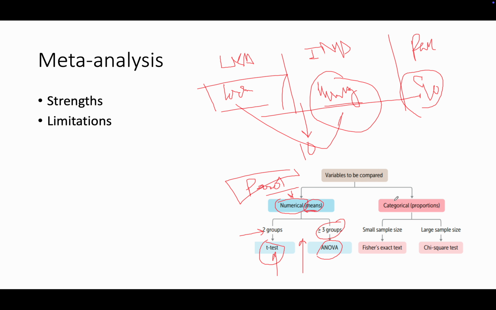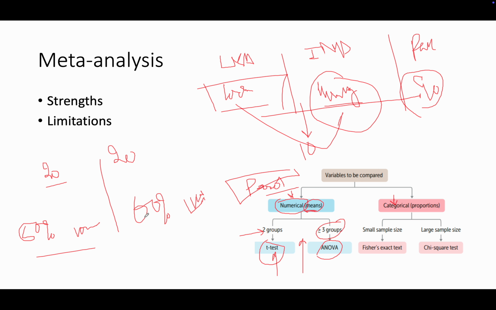But if there were categorical values, you can't count them. Like imagine there was a study on blood pressure between different groups, right? So one study says, you take 20 men and 20 women, and then you reach a conclusion that 50% of the men of a certain population have 100 millimeter of mercury blood pressure, and 60% of the females of a population have 110 millimeter of mercury blood pressure.